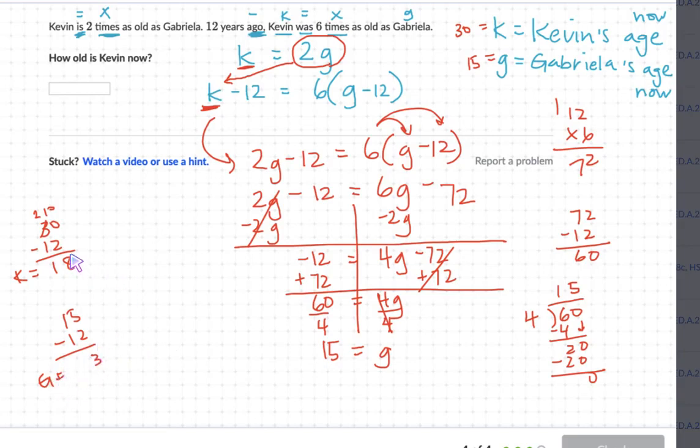So 12 years ago, Kevin was 6 times as old as Gabriella. Can we take Gabriella's age 12 years ago and get Kevin's age 12 years ago? Yes, we can. So that means our answer 15 is correct. Oh no, sorry, not 15. 15 was Gabriella. Whew, safe. Oh, so close. Saved myself there. Kevin's age is 30 now.